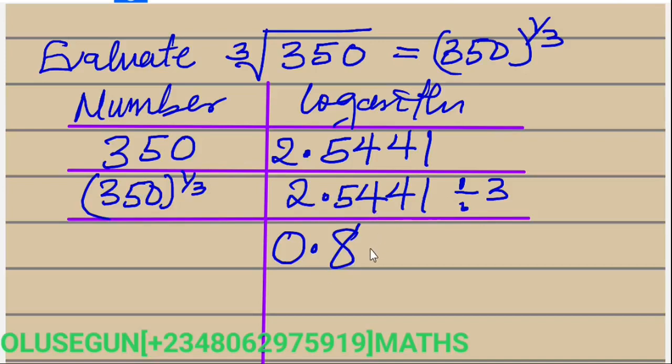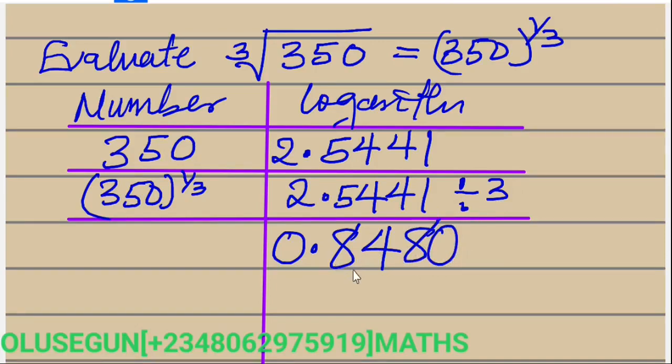That is 4. Good. So it remains 2 again, making 24. So 3 in 24, we have 8. So therefore, in 24, that is 0. So 3 cannot go in 0, and 3 cannot go in 1. You have 0. And like that, since we have been able to reach 4 digits, let's leave it here.